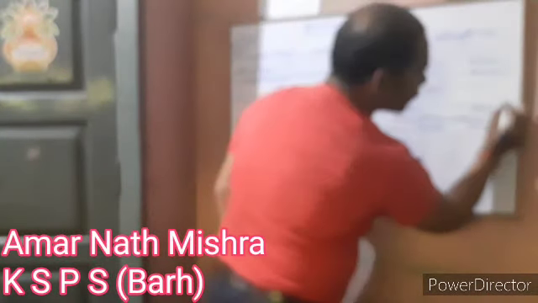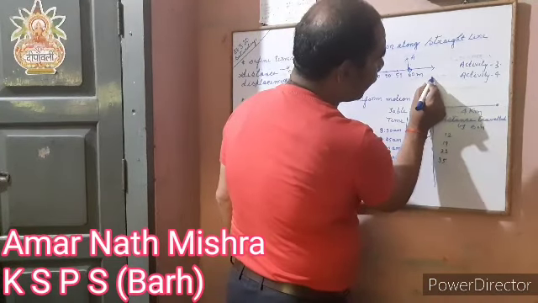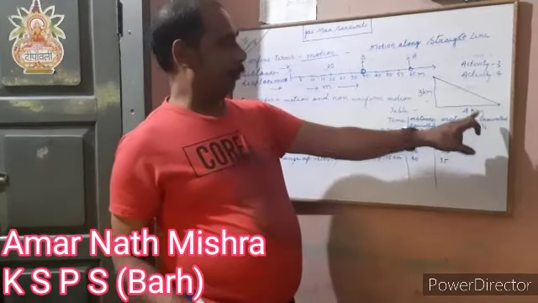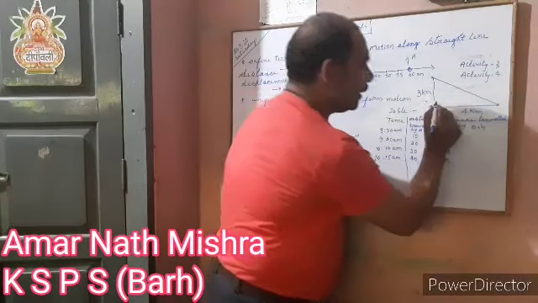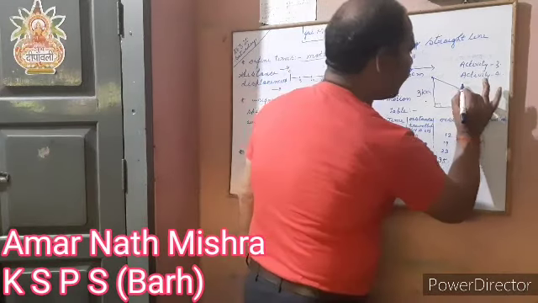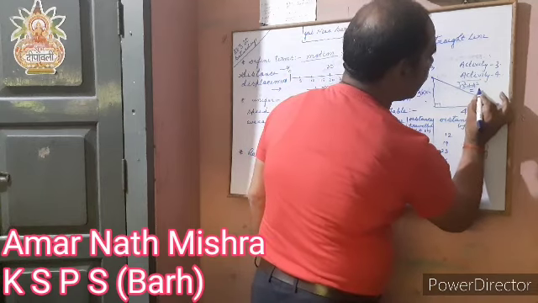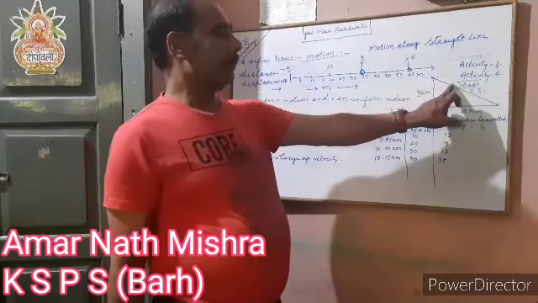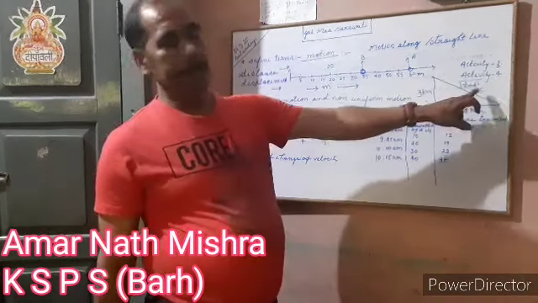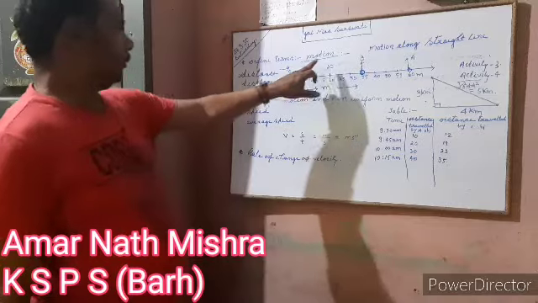But this is the initial position, and this is the final position, and we have to measure between these positions. Now it is in the form of a right angle triangle. After calculating, 3 square plus 4 square gives 5 kilometers. That means the shortest distance is 5 kilometers.